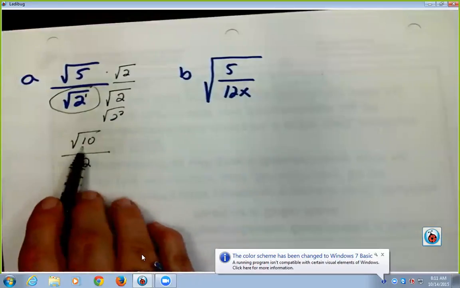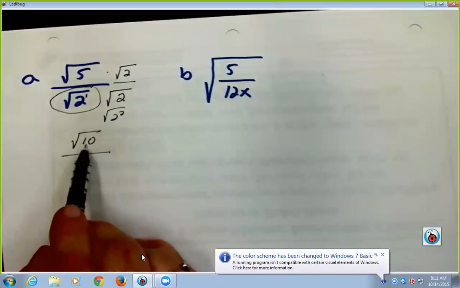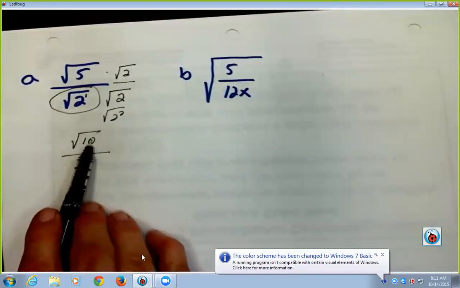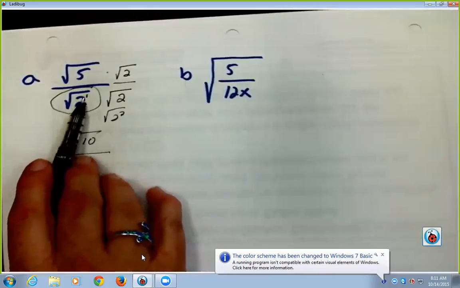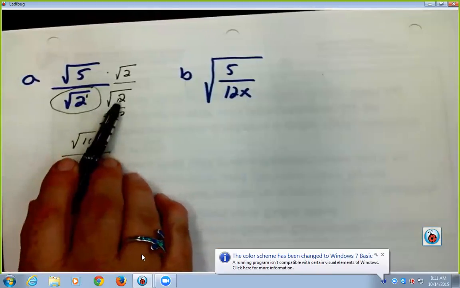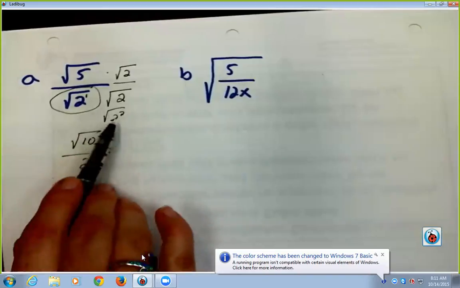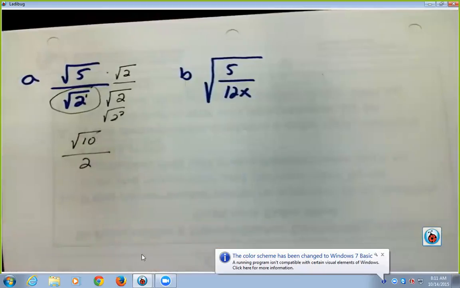Now I can't reduce it in any way because 10 doesn't have any perfect squares in it, so I can't pull anything out of there. This is as low as that will go. Looking at this again, it's to the first, but if I had one more 2, I could make it a square, and then the square root of 2 squared would give me 2. So we kind of got to break some stuff apart.